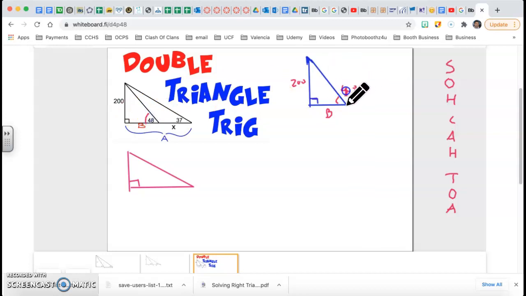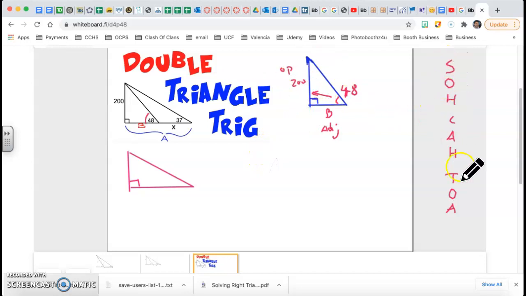Okay, so the idea here is to find the value of B. Now, this is my angle, 48. I need to relate this side B and the 200 to the angle that is 48. According to this, B is my adjacent side to 48, and 200 is my opposite side to the angle 48.